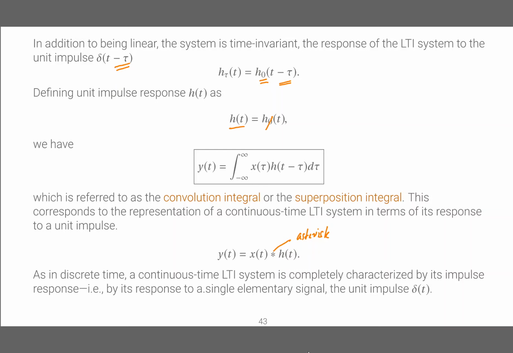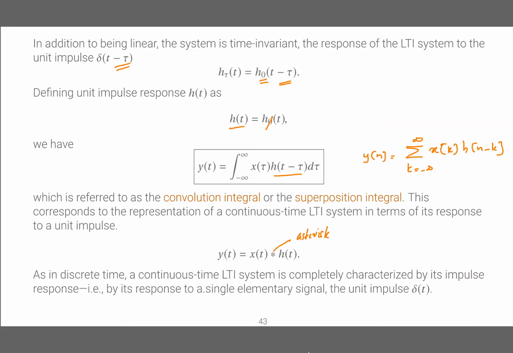If we just juxtapose this with the discrete time version, y[n] is equal to the summation over k from minus infinity to infinity of x[k] h[n − k], you see they are very similar. Instead of x[k] you have x(τ), instead of h[n − k] you have h(t − τ), and of course the summation becomes an integral.